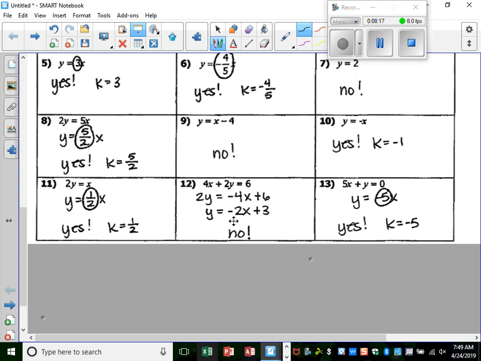All right, when I solve this equation for y, I end up in slope-intercept form. So this is not in direct variation form. Okay, and then number 13 is a yes. Okay, so I'll give you a few minutes to write those down.